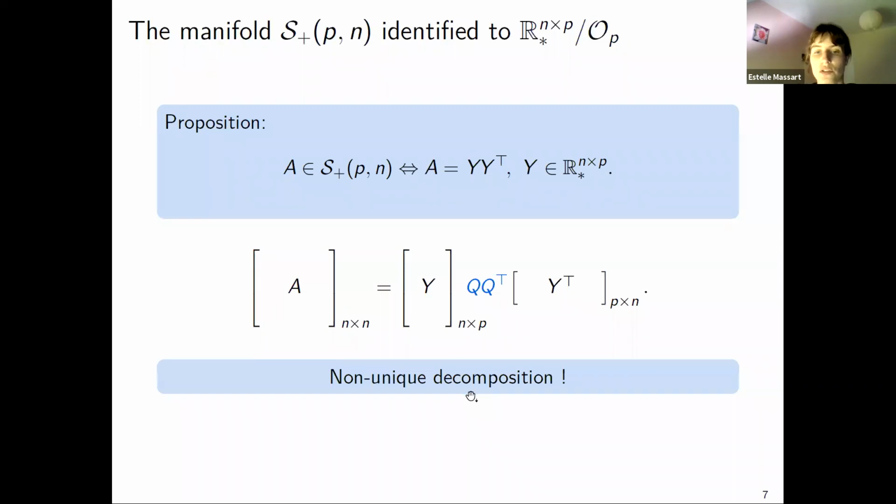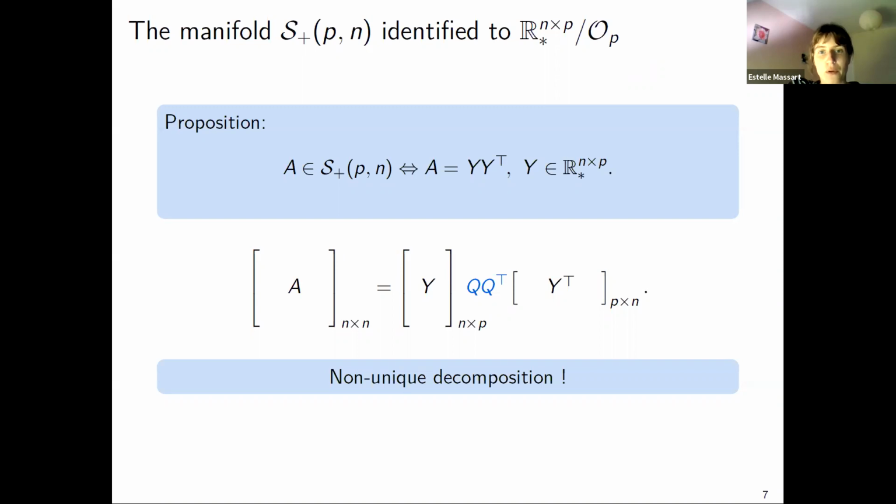You can plug in any Y Q, where Q is a P times P orthogonal matrix, and get the same left-hand side. So essentially, any PSD matrix A can be identified to a set of matrices inside this set, and you can move along the set of equivalent matrices, the equivalence class, using orthogonal matrices. So that's where this representation comes from.